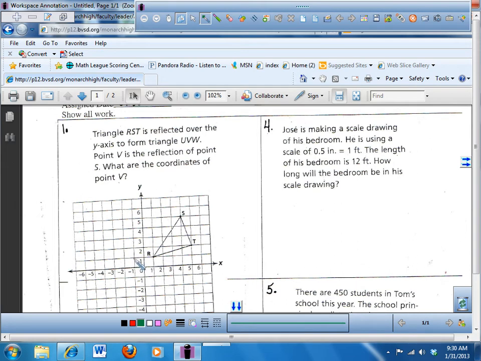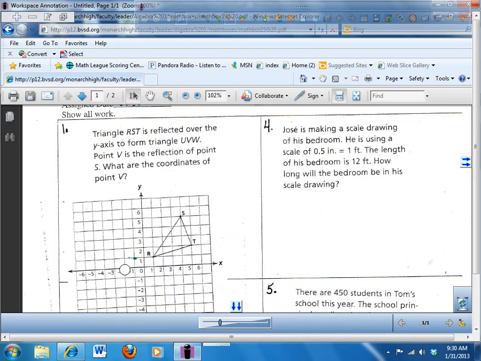if this were like a mirror, this point R would come over to here, right? And what are the coordinates of point B? RST becomes UVW. So point R actually becomes point U over here. And then point B would be point S. Do you see that?